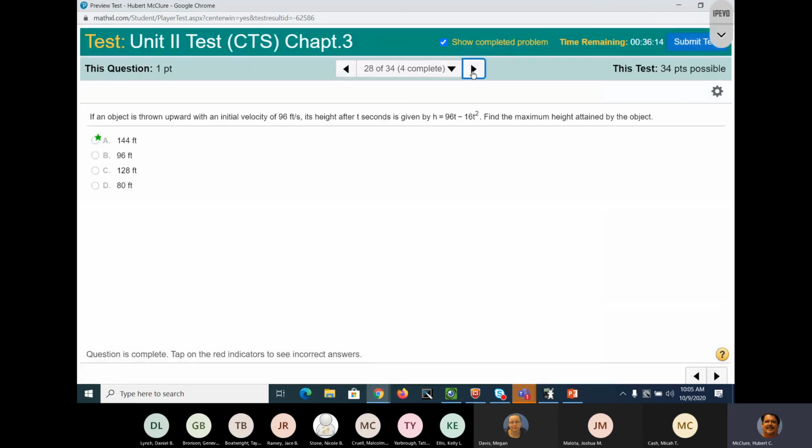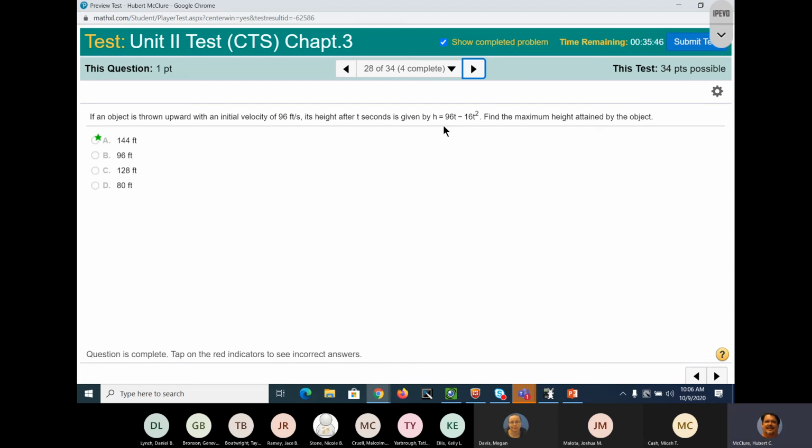Next, if an object is thrown upward with initial velocity of 96 feet per second, its height after t seconds is given by H is equal to 96t minus 16t squared.